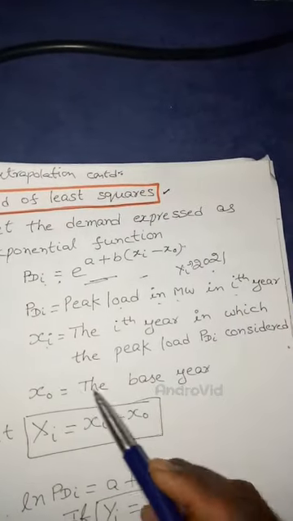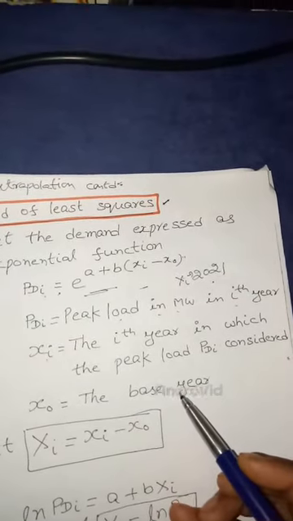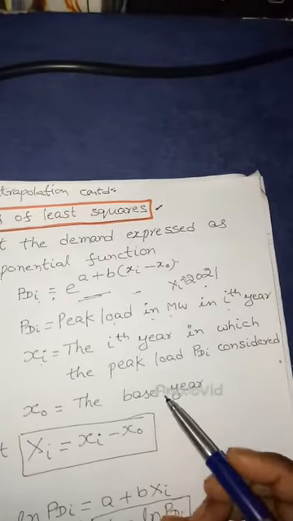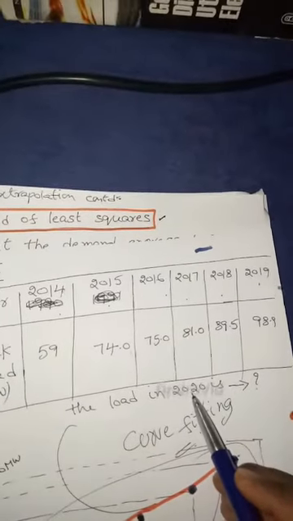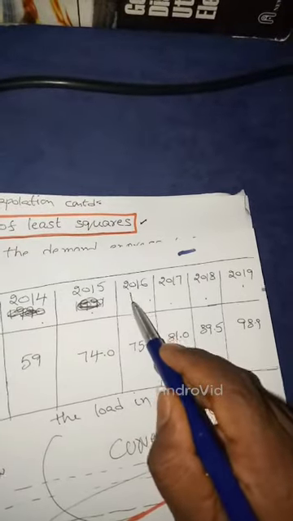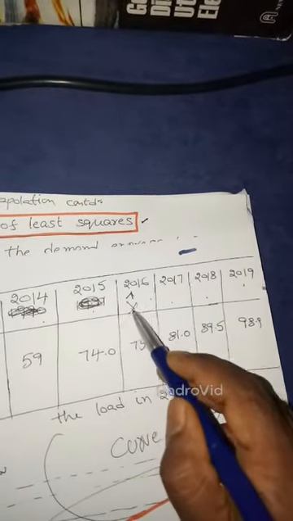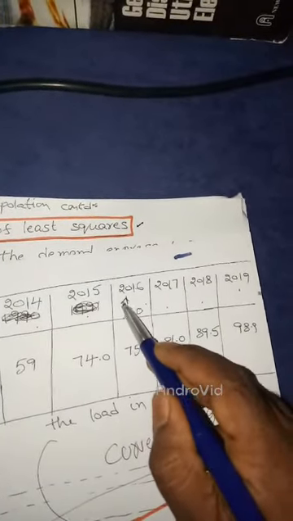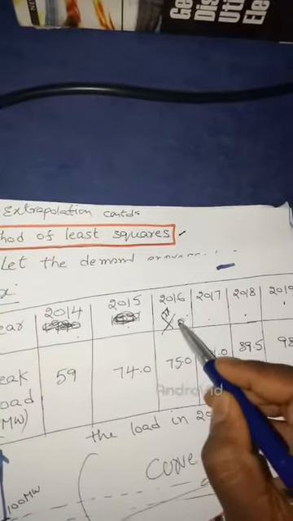Now x0 is the base year. If you are taking 2019 to 2020 and you take this as the base year, then this will be your x0.